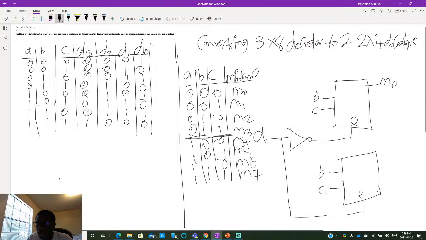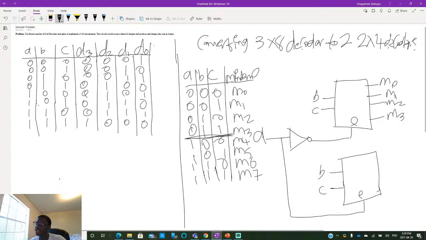For the first four outputs, those should give us the first four minterms. If anyone has any questions, I'm currently looking at the chat, so feel free to ask through the chat.